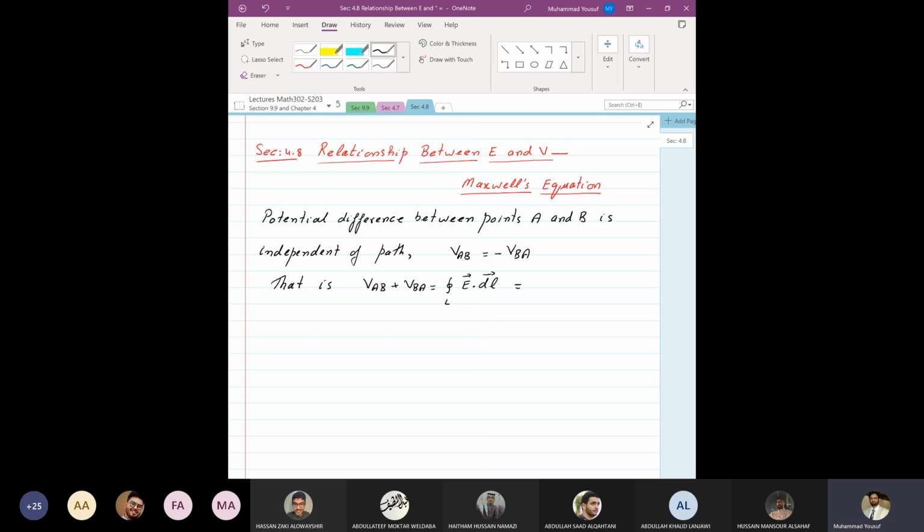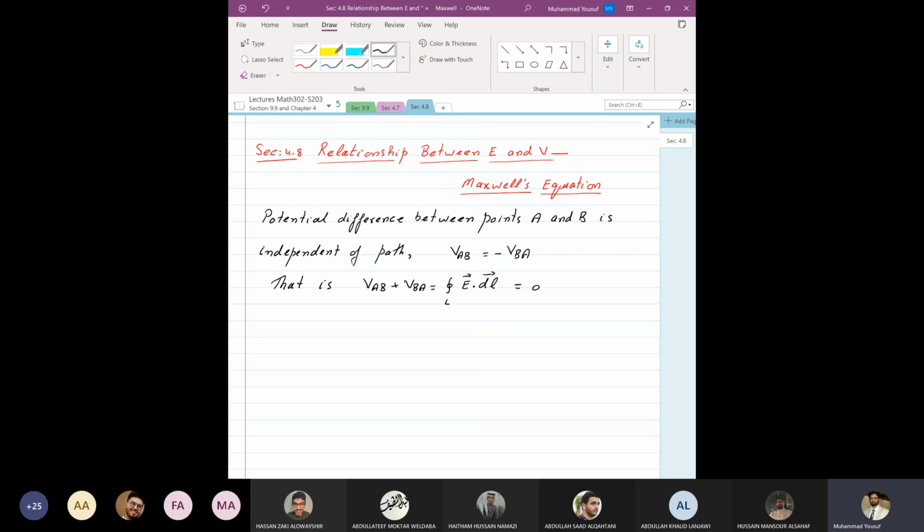I think we wrote this as a theorem in the previous section that if the path is closed, then this integral is equal to 0. Okay, along a closed path. A circle is telling us closed path. What does this mean?